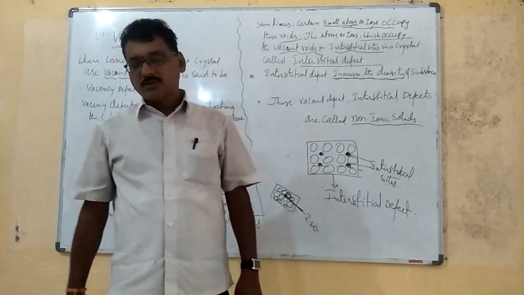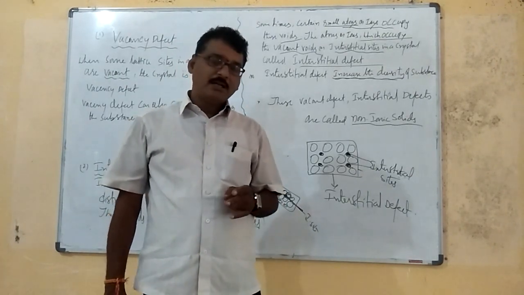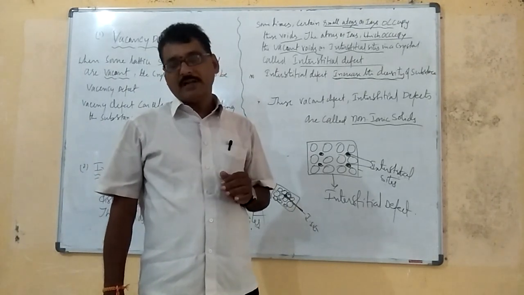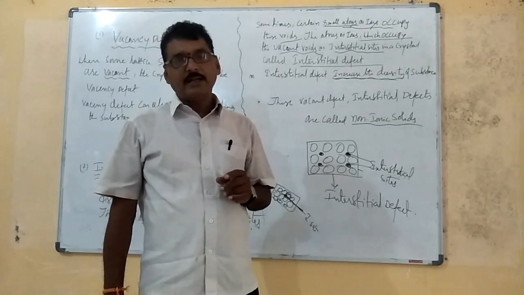Okay now, next, ionic solids have two types. Number one is called Schottky defect, second one is called Frenkel defect.